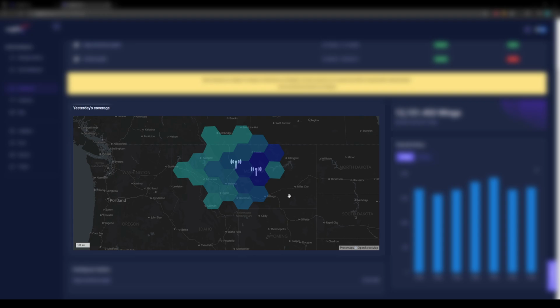And I say that because if you note, if this is the active antenna that we're mousing over right now, most of the coverage is around to the north, the west, and the south, but none really too far to the east or the southeast.